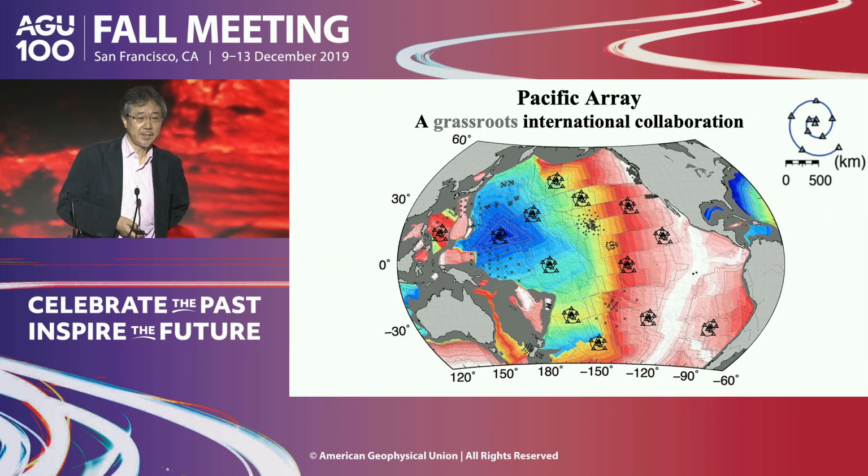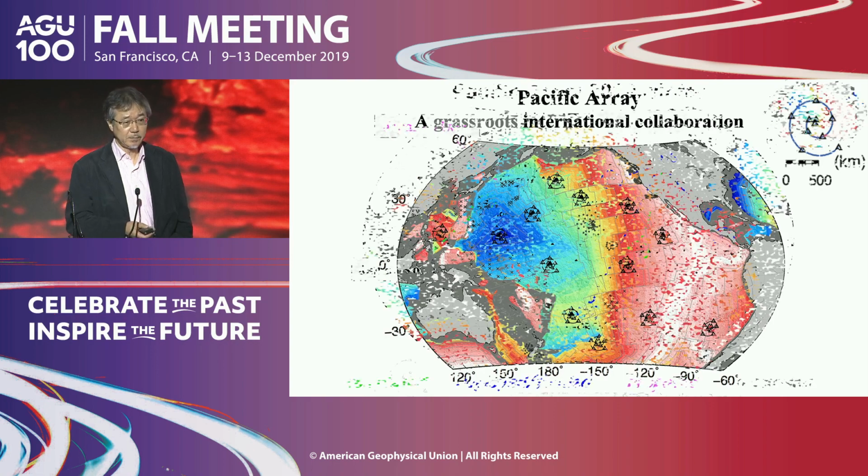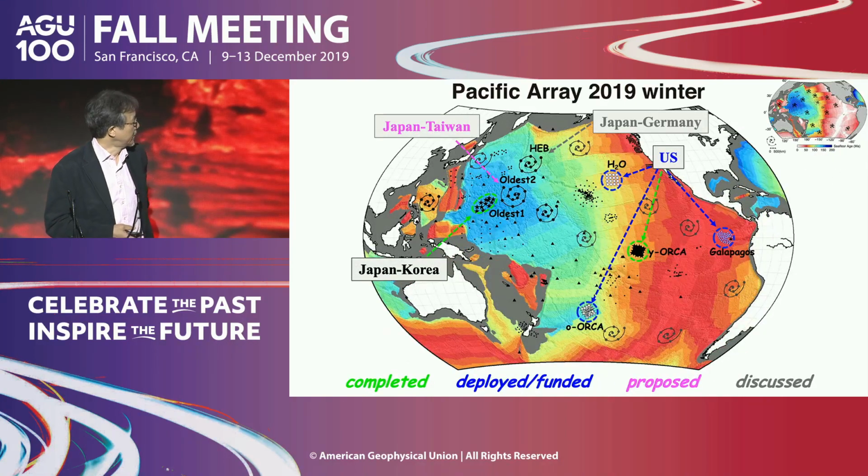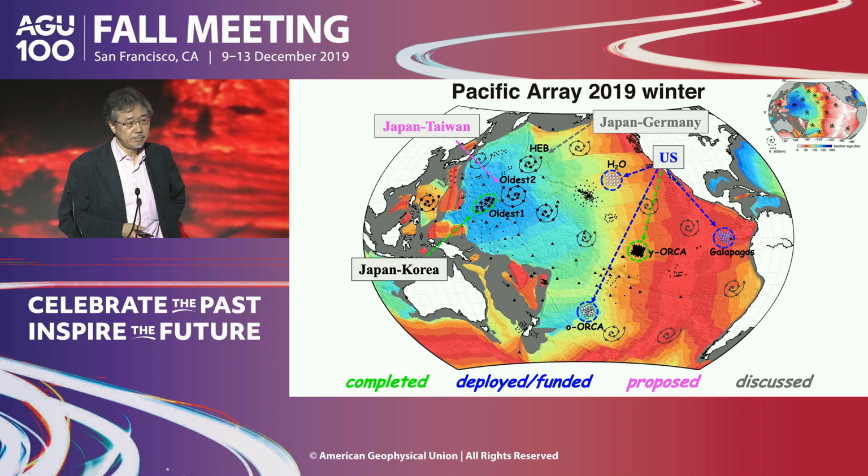So this has led us to propose a large-scale experiment in the ocean called Pacific Array, to build an array of arrays in the Pacific, like this. This was proposed about 5 years ago, but has now evolved into reality. At least we have 5 arrays funded by agencies, and some of them have already been deployed, which is evolving faster than I expected.